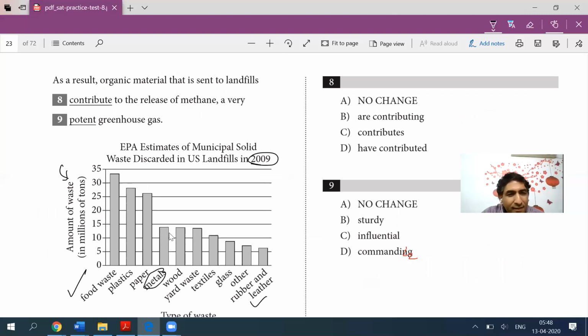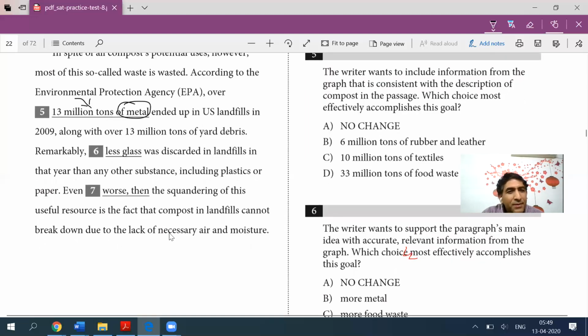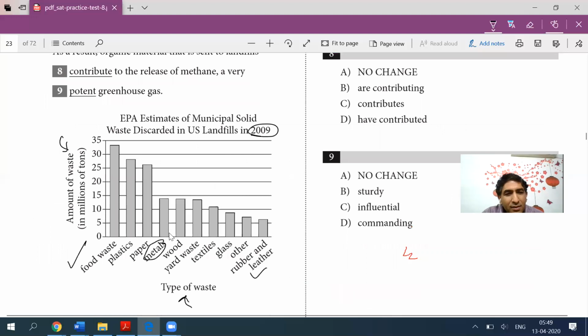Okay, let me see. So, 31 million tons of metal ended up in US landfills in 2009, along with 13 million tons of yard debris. So, if yard debris is 13 million, then metal is here, and yard waste is 13.